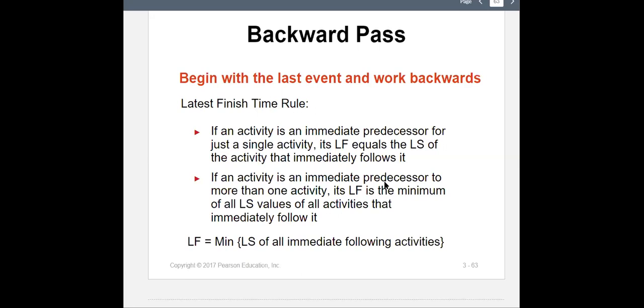If an activity is an immediate predecessor to more than one activity, its latest finish is the minimum of all latest start values of all activities that immediately follow. So the latest finish equals the minimum. Previously for forward it was the maximum. For backward, it's the minimum late start of all immediate following activities.